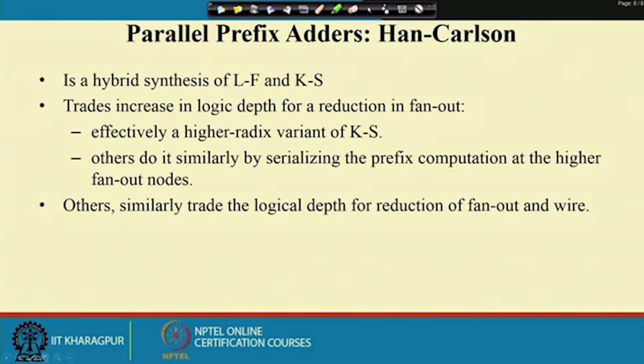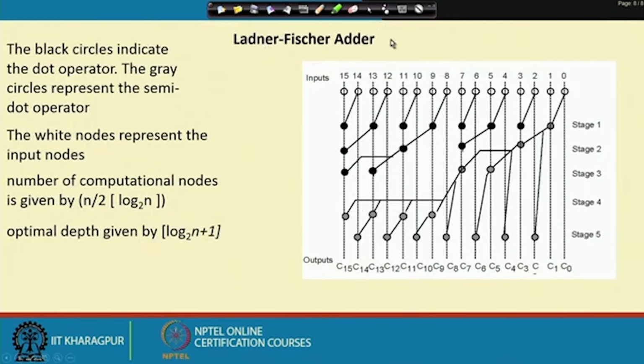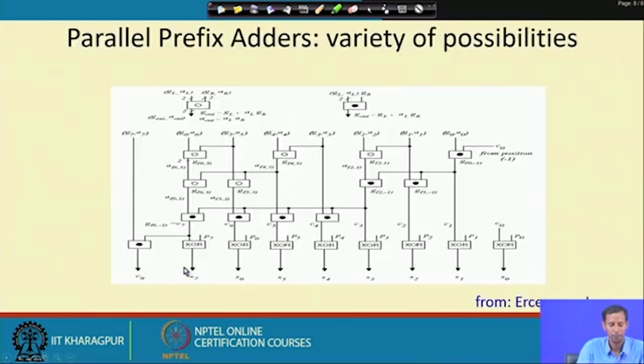So, what is there in this Ladner-Fisher adder? It follows a different topology, where the number of computational nodes is n by 2 log base 2 of n and the optimal depth is log 2 n plus 1. But the number of stages remains the same, that is 5.